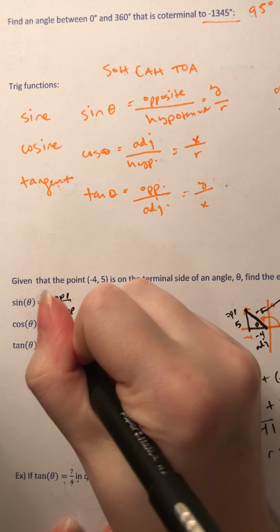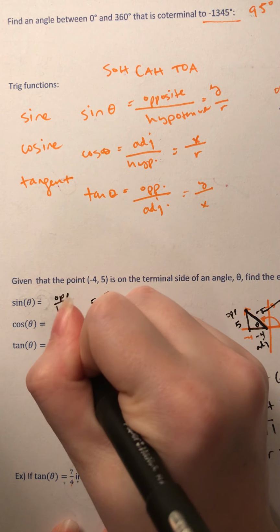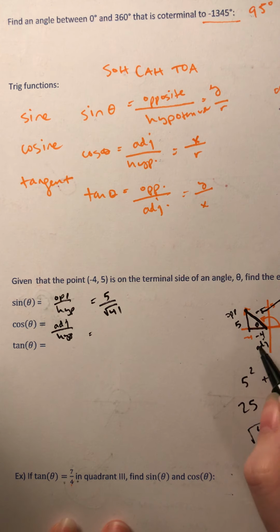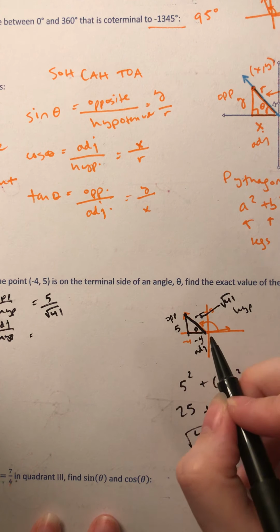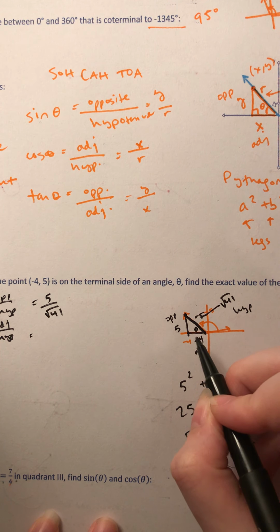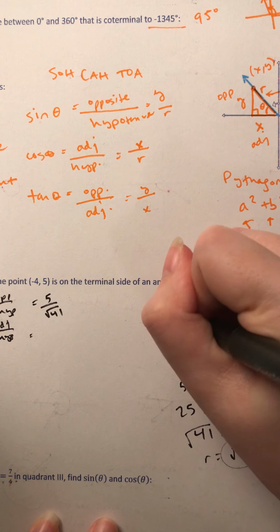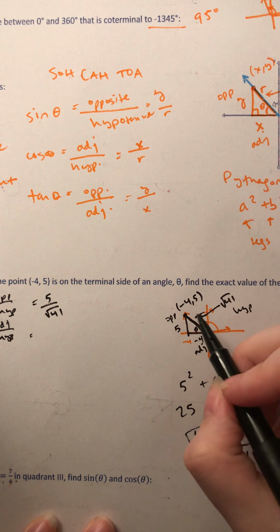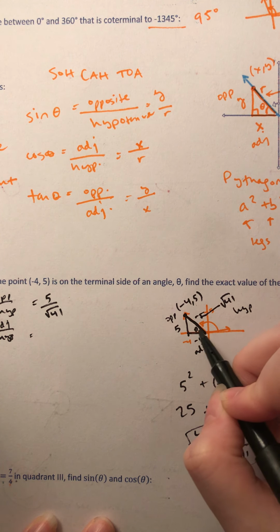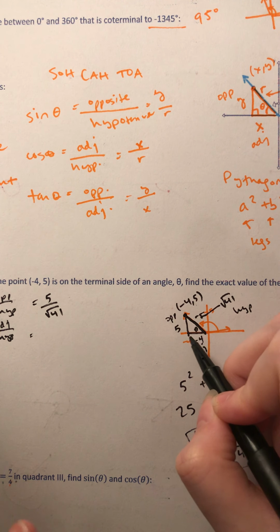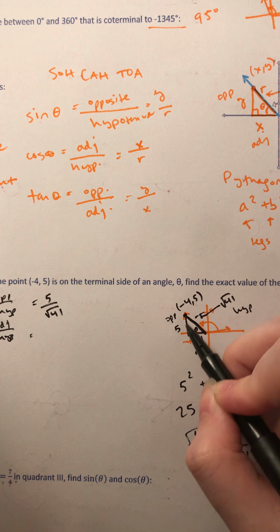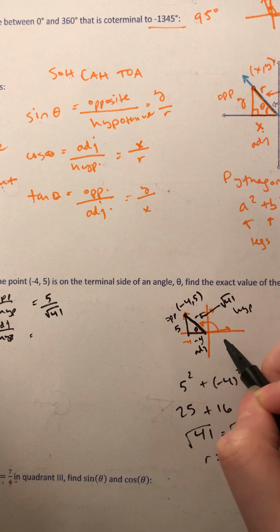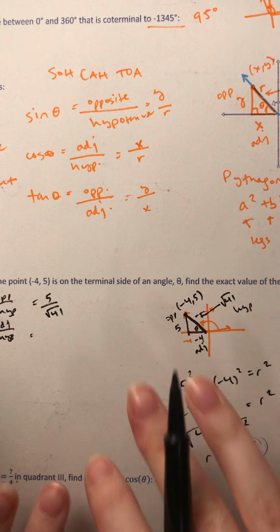Cosine is adjacent over hypotenuse. The adjacent side is -4. Now remember, the negative is important here, because we're specifically referencing this coordinate -4, 5. And the distance according to the coordinate plane is -4, not positive. Because we're working specifically in this coordinate plane now, the negatives are important.